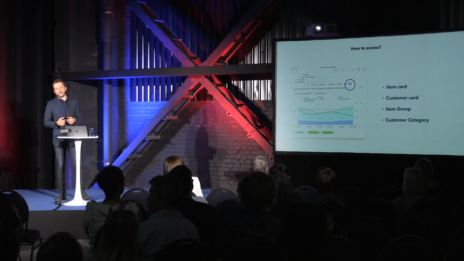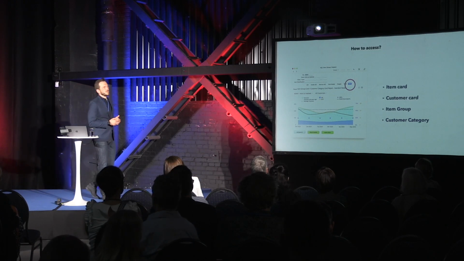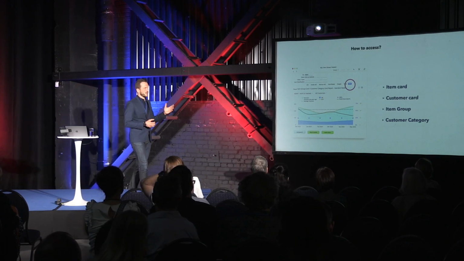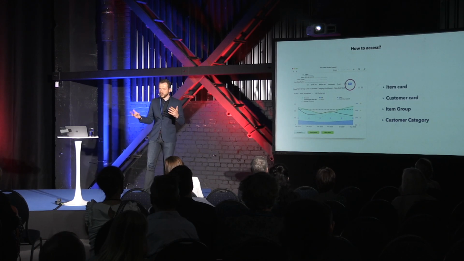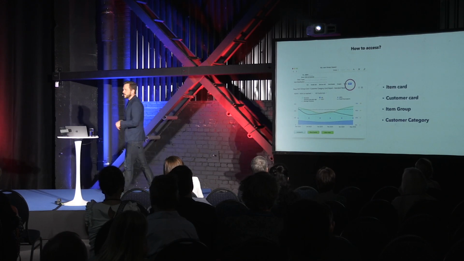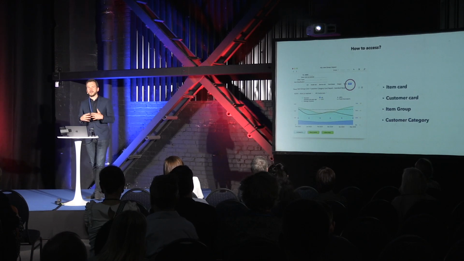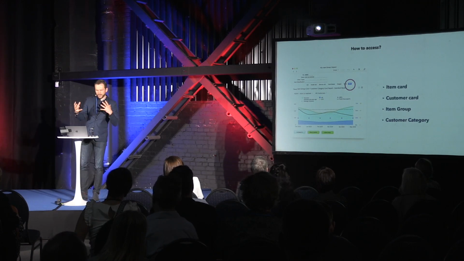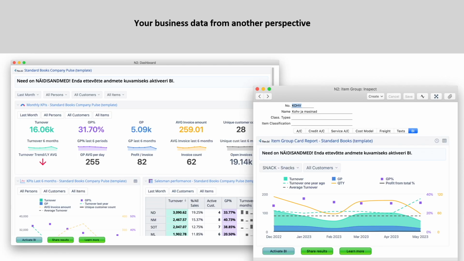If you open them, then on the BI tab, you will see a report about this particular item, item group, customer, and so on. And you will instantly see this item in the context of previous periods, different items, let's say how big a percentage of turnover this item is in your whole portfolio, and things like that.